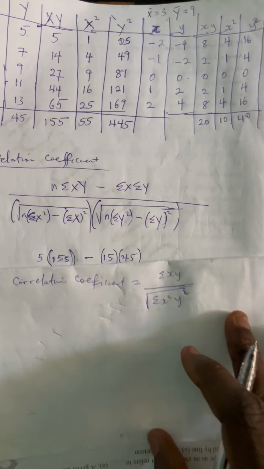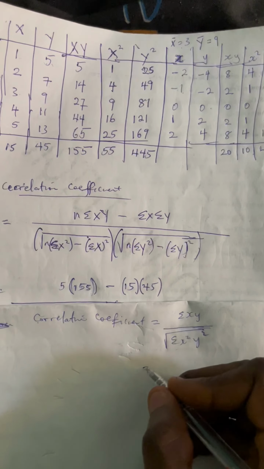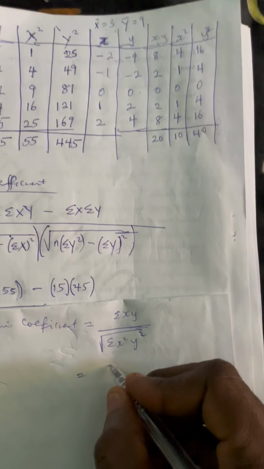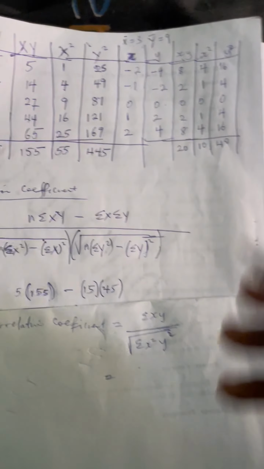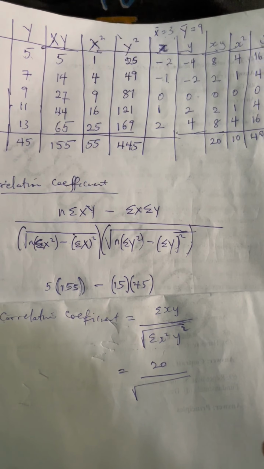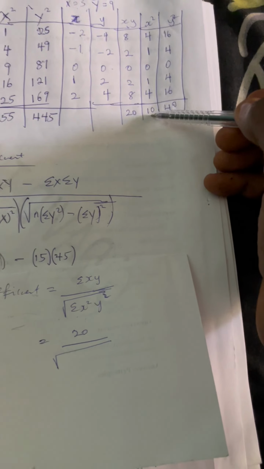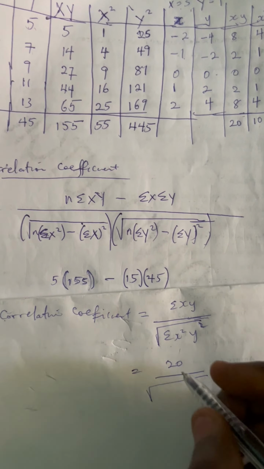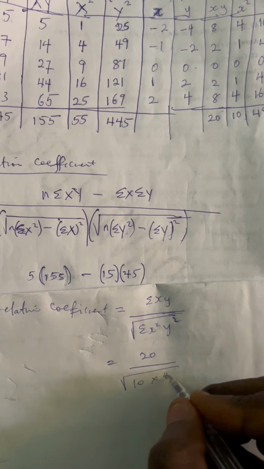Don't forget this is lowercase this time around. Summation xy from here is 20. So now this will be 20 all over square root of summation x square, which is 10, and y square, which is 40. So we now have 10 multiplied by 40.